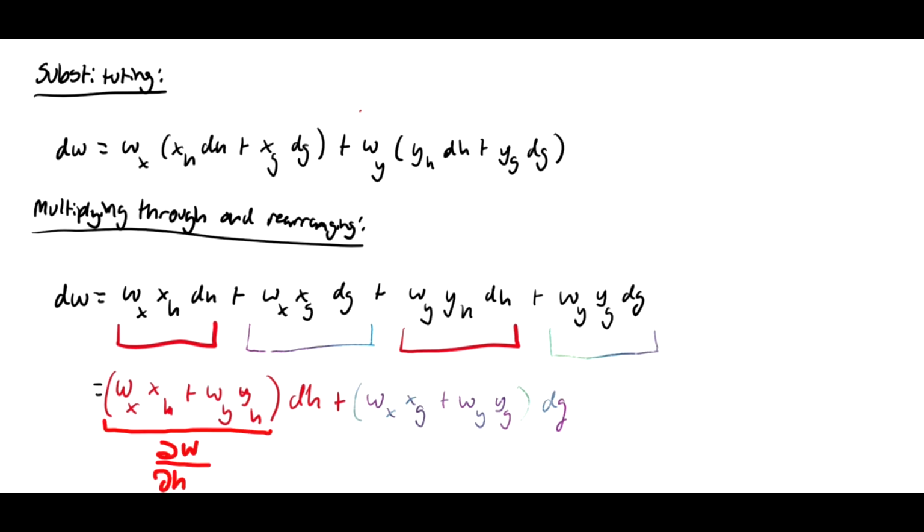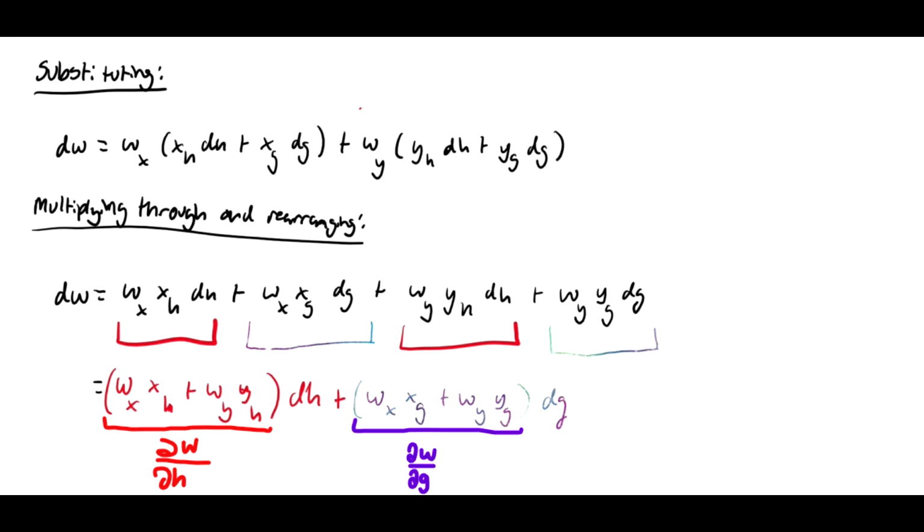Now, finally, we can arrive at our answer, the partial derivative of w with respect to h and g. This part represents the rate of change of the function w with respect to h, g held constant, and this part represents the rate of change of w with respect to g, h held constant.